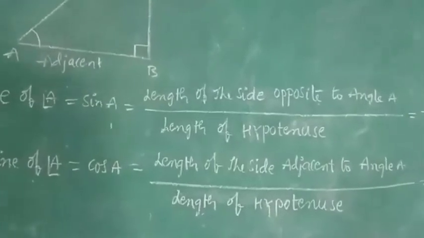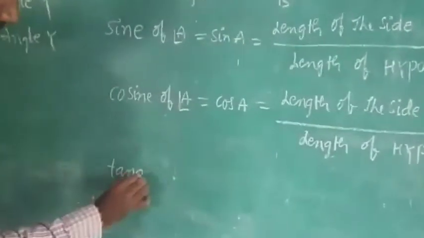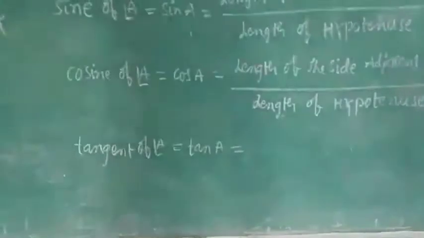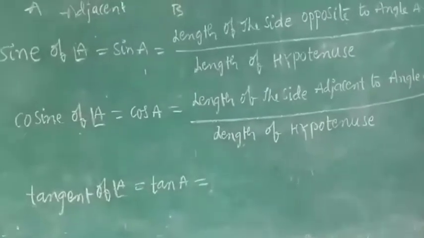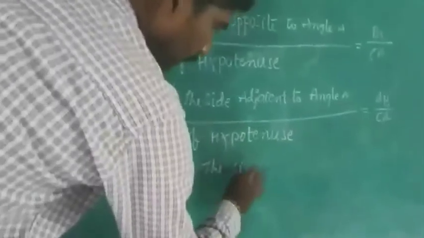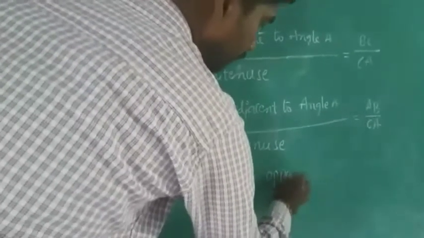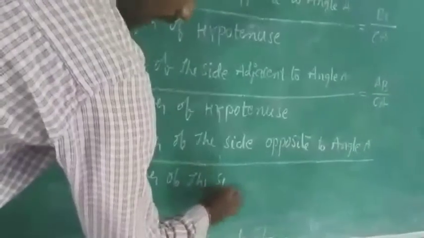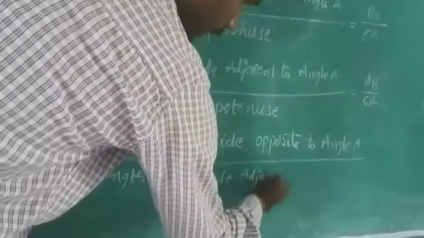The next one, tangent. Tangent of angle A is tan A, which is equal to the length of the side opposite to angle A by the length of the side adjacent to angle A. What is the length of the opposite?